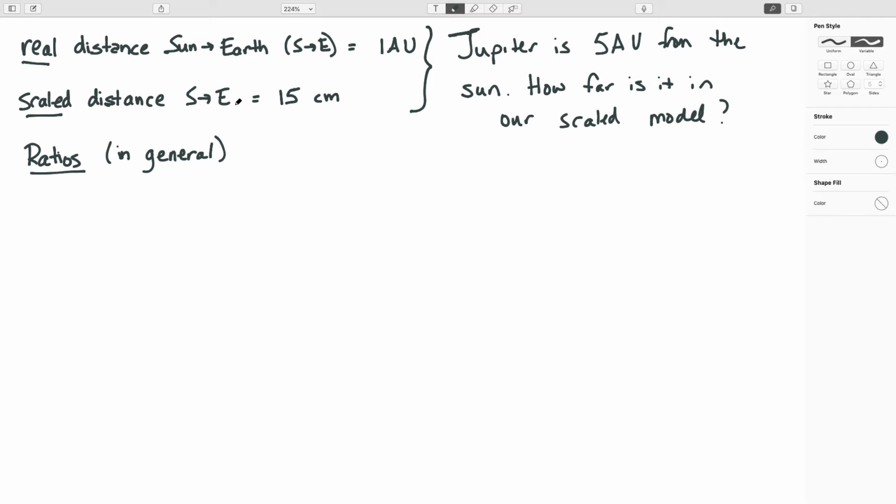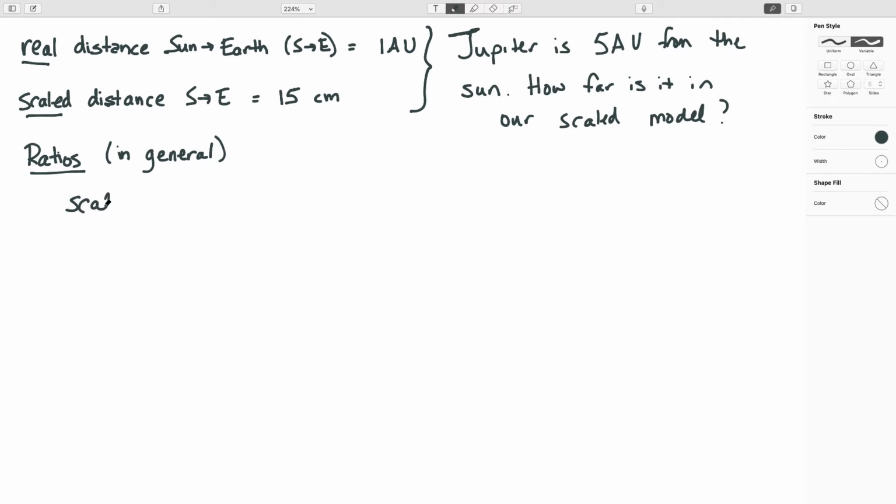Okay, and to do this we're going to use ratios, and I'm going to first just write out in general how we're going to set up ratios, and then I'm going to go over an example with you. So when we do these ratios, we're going to have scale distances and real distances.